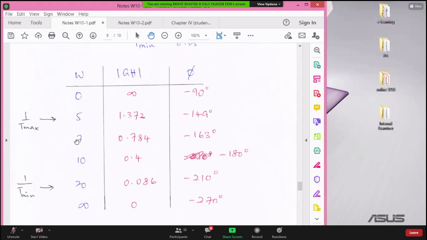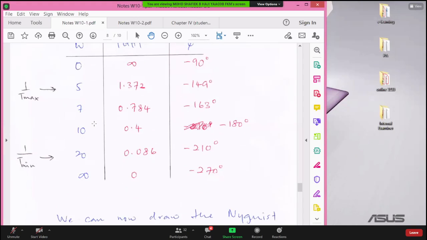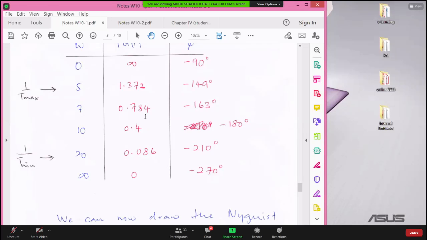Okay, so before we were cut off, we have already generated this table. All you have to do now is just to transfer these points to your polar plot. Make sure that before you start your second test, you have a polar plot with you.